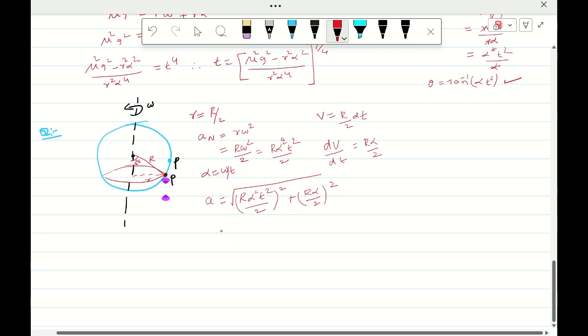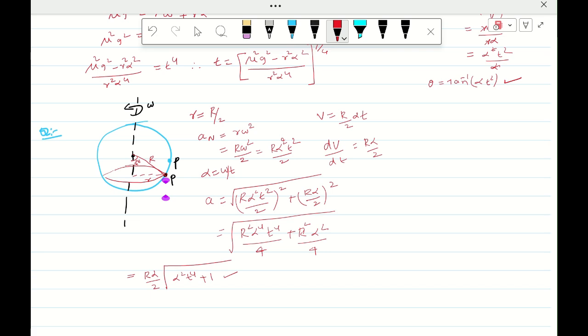So this is equal to root over r square alpha power 4 t power 4 by 4, 2 square means 4, plus r square alpha square by 4. So that is equal to, here I can take r square by 4 alpha square common. Then r alpha by 2 will come out of the root. So that is equal to, inside, alpha square t power 4 is there, and here plus 1 is there. So this is the answer of net acceleration. Similarly, like the above points you can find.